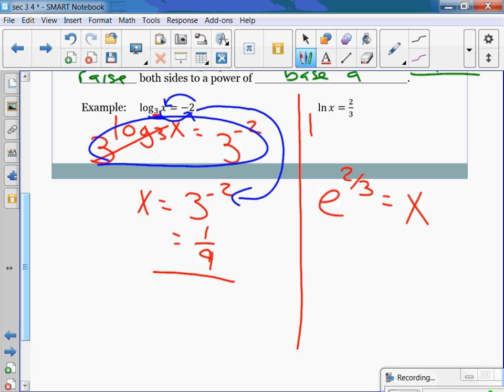So if I write this exponentially, e raised to the 2/3 power equals x. Or if you wanted to, you can raise everything to the e power. e raised to the natural log of x equals e to the 2/3. You can come up with the same thing. In this case, you get x equals 1.948.